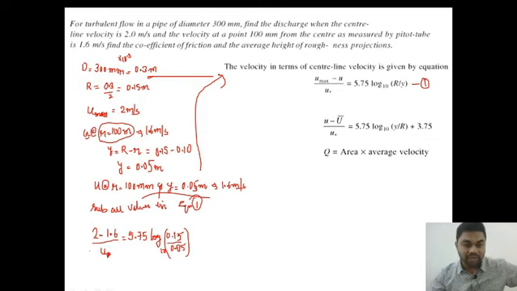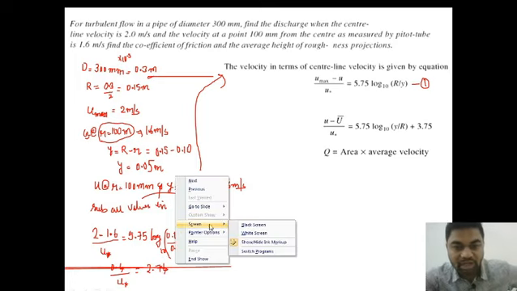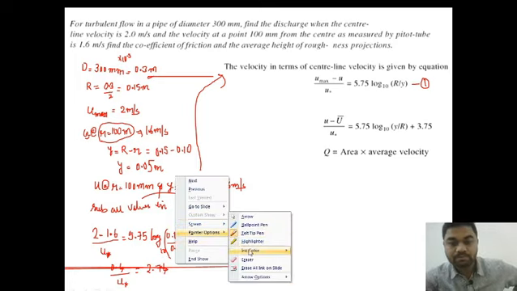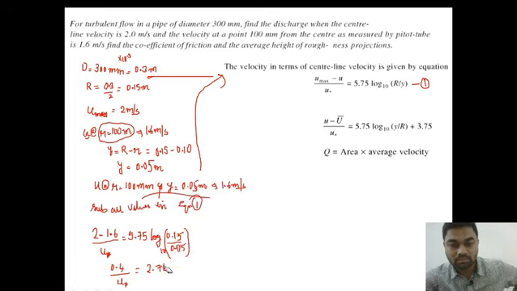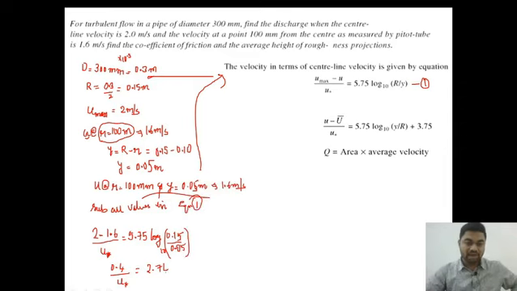So if we calculate this, the difference 2 minus 1.6 is 0.4, divided by the shear velocity u star, is equal to 2.7435.